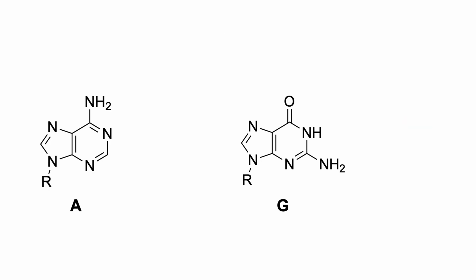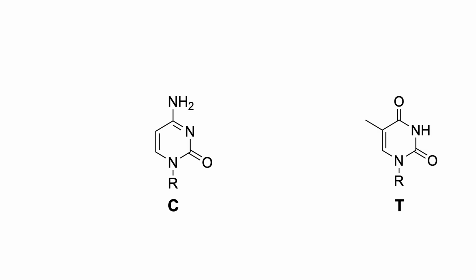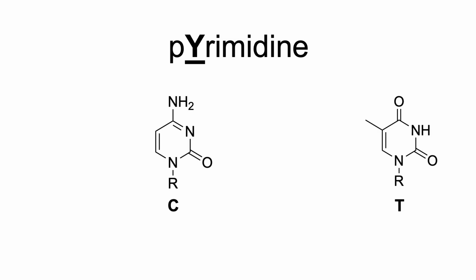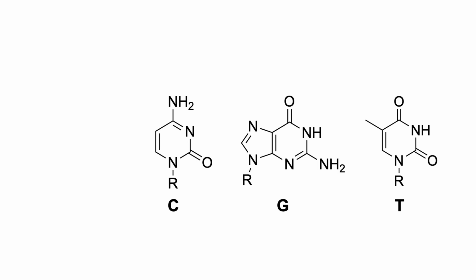We then have A and G. These are both purines, so we use R for purine. And then C and T are pyrimidines, so we use Y for pyrimidine. So now we get into the situations where there's 3 possible nucleotides.